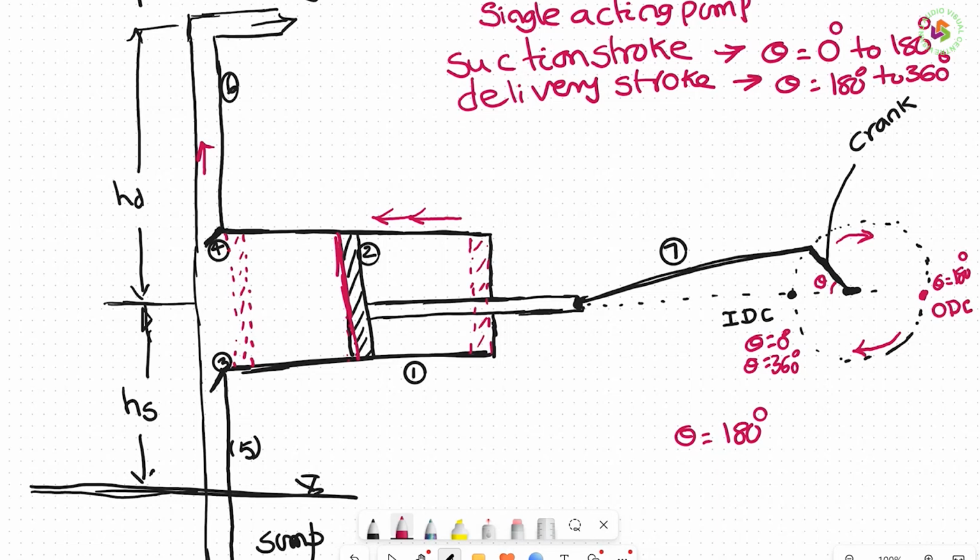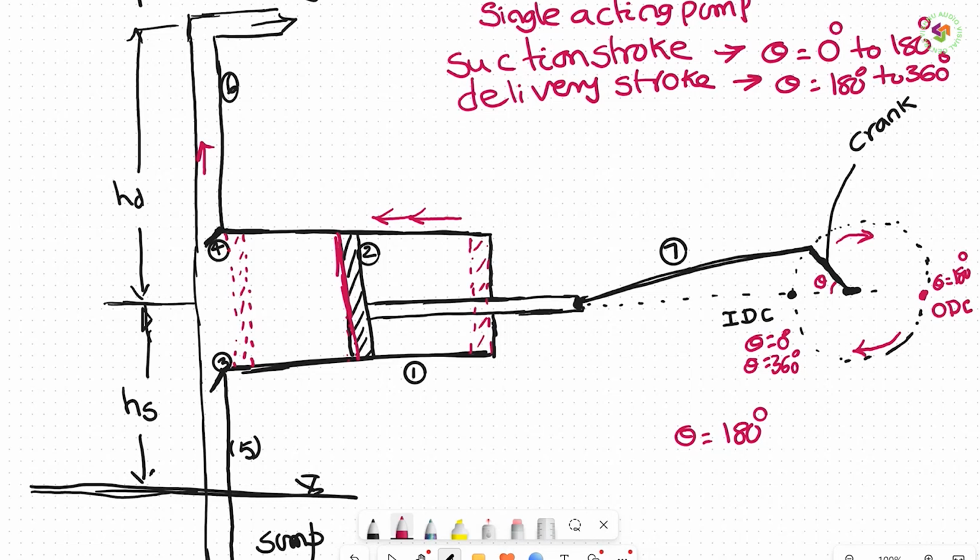During the suction stroke it only sucks the liquid, whereas in the delivery stroke it only delivers the liquid. So in one rotation of the crank, there is only one suction stroke and one delivery stroke. During the entire suction stroke, no water will come out from the delivery pipe. During the delivery stroke only, the liquid will come out of the delivery pipe.